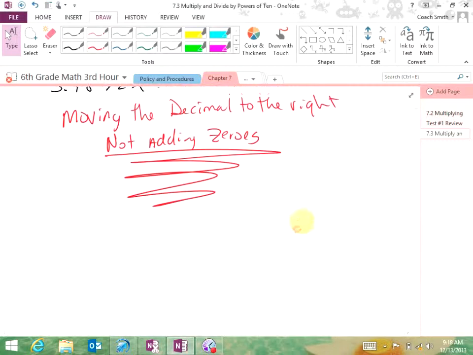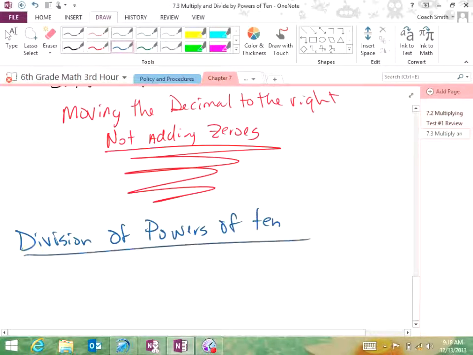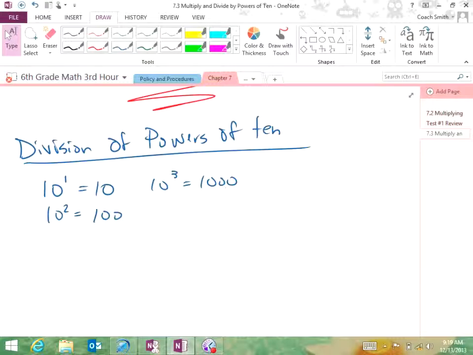All right, now, let's talk about division. Division of powers of 10. Now, understand that powers of 10 can either be, like we said, 10 to the first power, which is 10, 10 to the second power, which is 100, 10 to the third power, which would be 1,000. Any of those could be powers of 10.